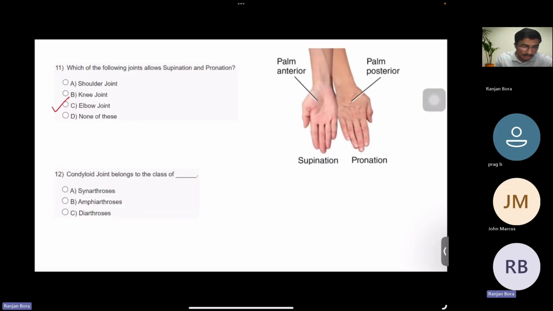Next is, condyloid joint belongs to the class of diarthrosis.